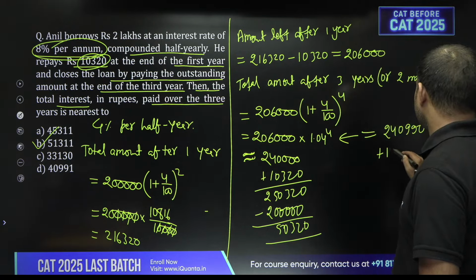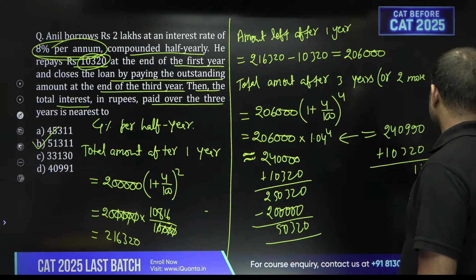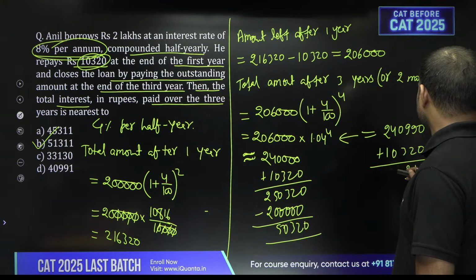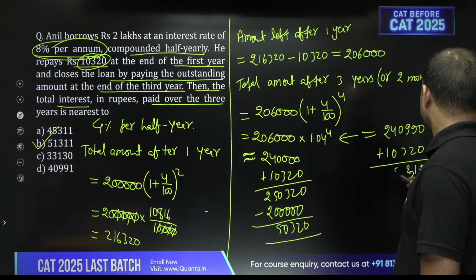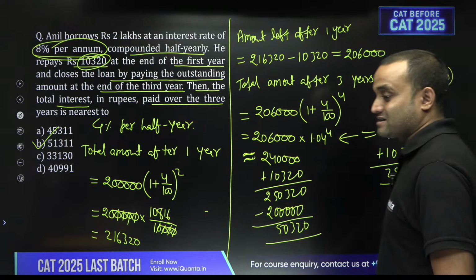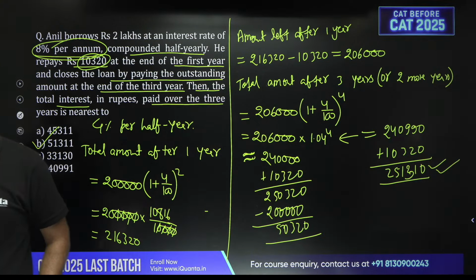Now you add 10,320. So you will get 9 plus 3, 2 plus 1, 3, and this will become 10,000. So 40 plus 10, 51 and 2. You can see that this is the exact. If you use the calculator, that's the exact value, right?